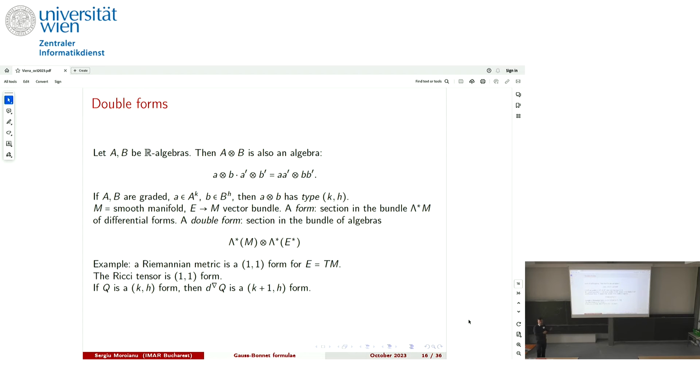Most objects you work with in Riemannian geometry are actually double forms. For instance, a Riemannian metric is a 1-1 form, with g_ij e_i tensor e_j. Then the Ricci tensor is also that. And if you have a double form of some degree in the two variables, when you take the twisted exterior differential by some connection, you just increase the degree of the form in M, but not the degree on E. It's a form on E.